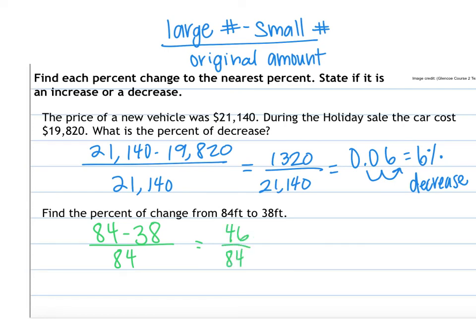So we're going to go 46 divided by 84. Round to the nearest hundredth, 0.55. Move the decimal 2 spots to the right to turn that into a percent. So it's a 55%. Since we're going from 84 to 38, that's getting smaller, so that is a decrease.